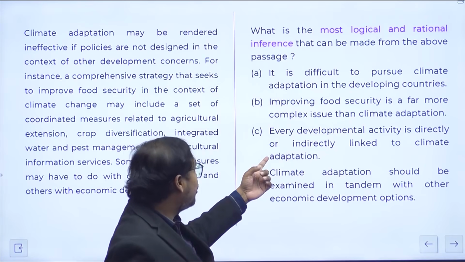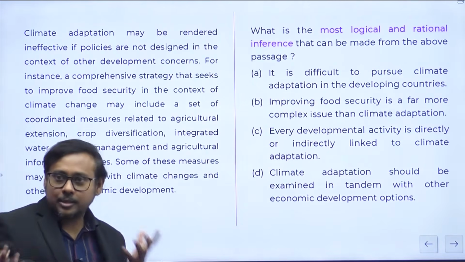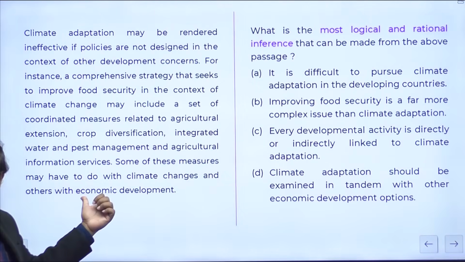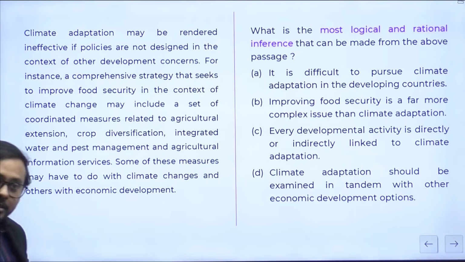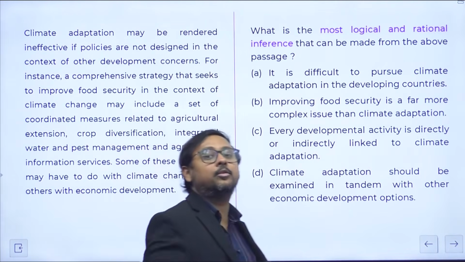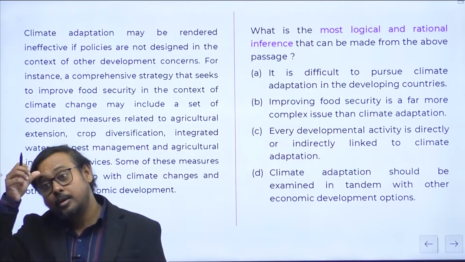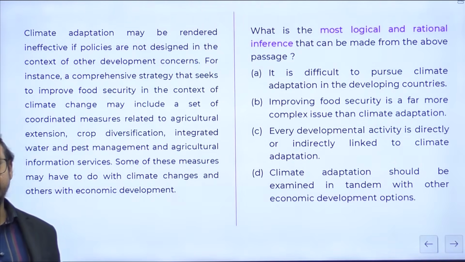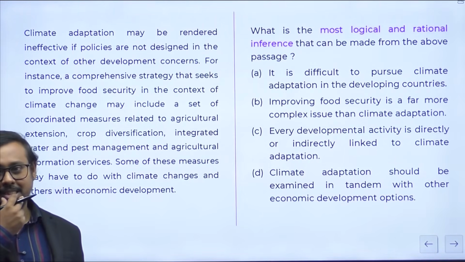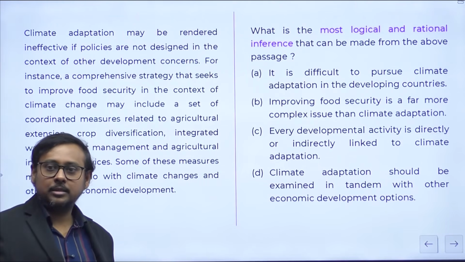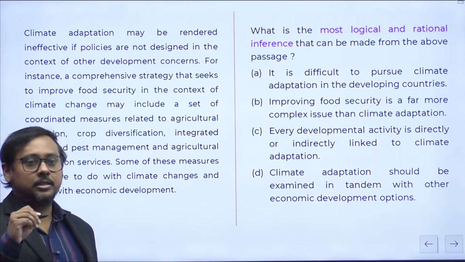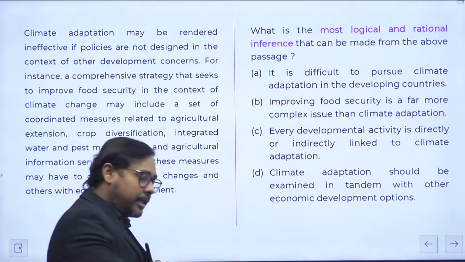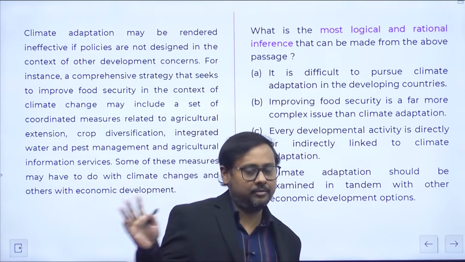Food security is far more complex than climate. This is not the comparison that the passage is drawing. So when you practice your questions, you mark this. Write it there. Do you have a compilation of PYQs? We have the book, right? So do this exercise. Trust me, if you do, you will not get a single inference question incorrect.